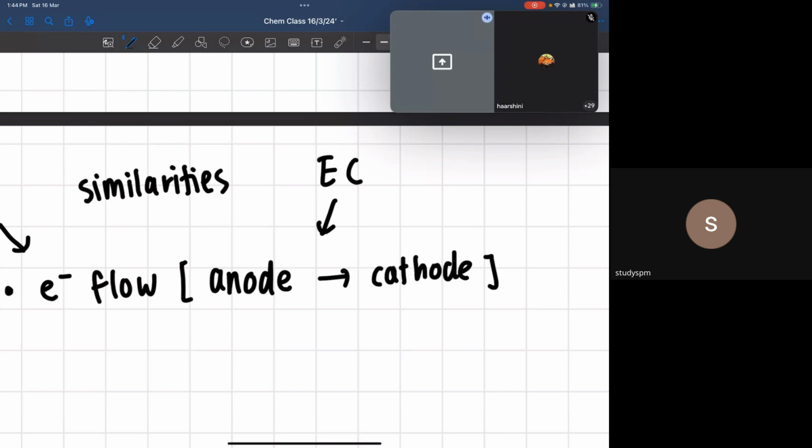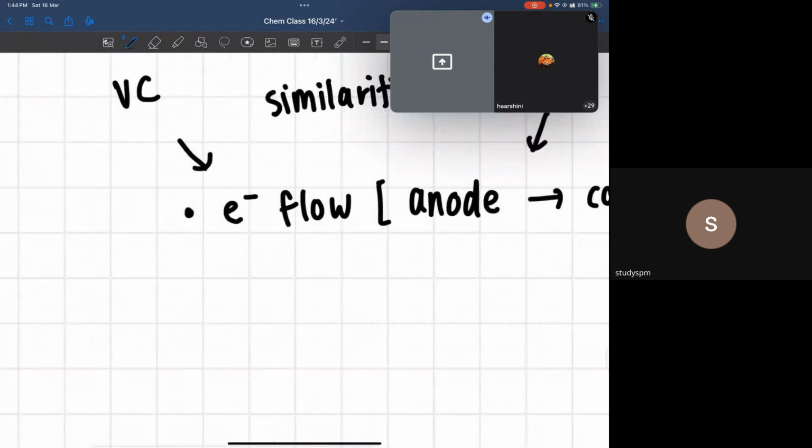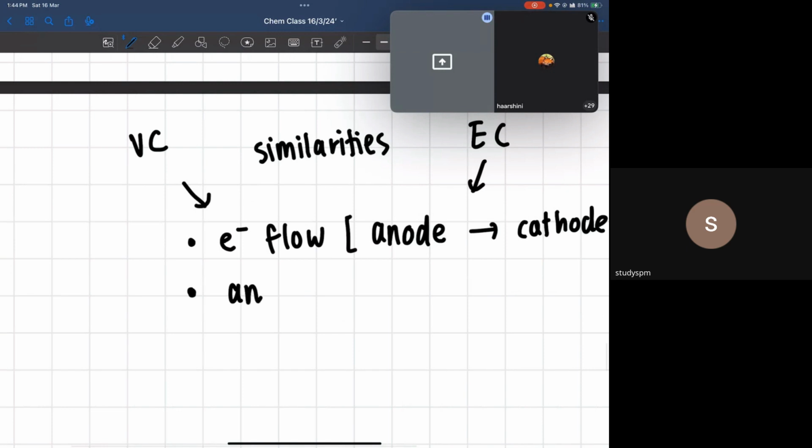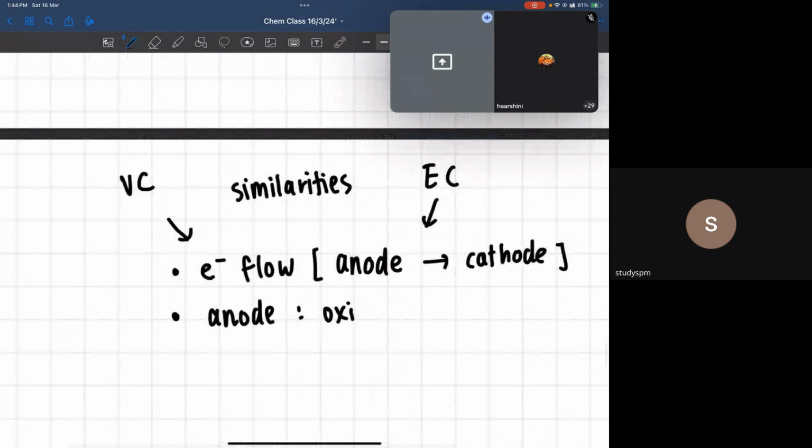Okay, and then always remember, anode oxidation, cathode reduction. Because both have different terminals for anode and cathode. Some have positive anode, but some have negative anode. So I felt it was so confusing.